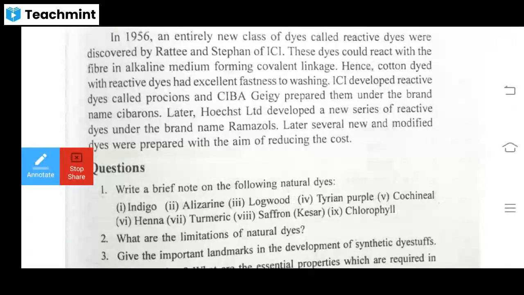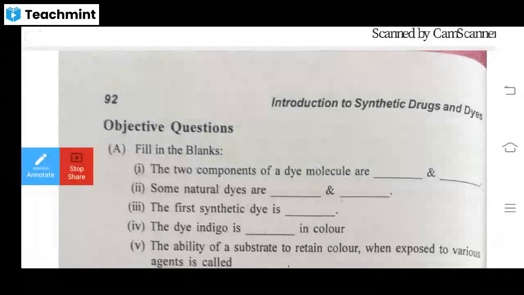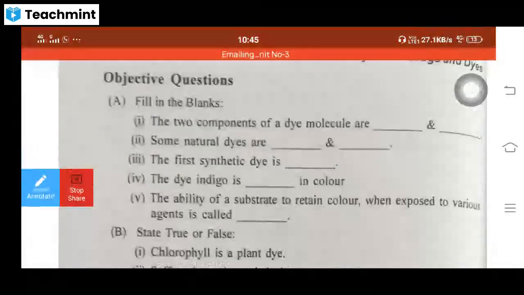Even now, a number of research efforts are going on cost basis, how to produce these dyes with less investment. So scientists are working on and developing cost-effective dyes. So this is all about the first topic, the dyes.